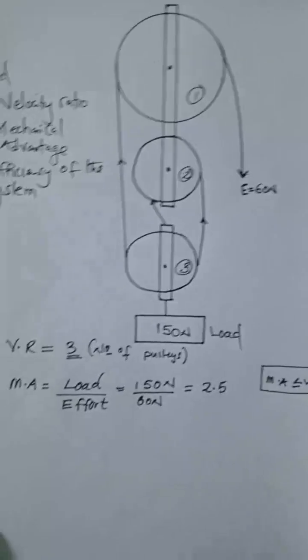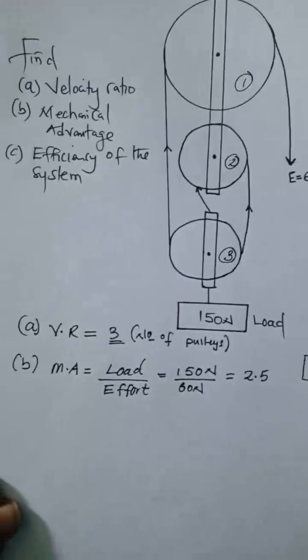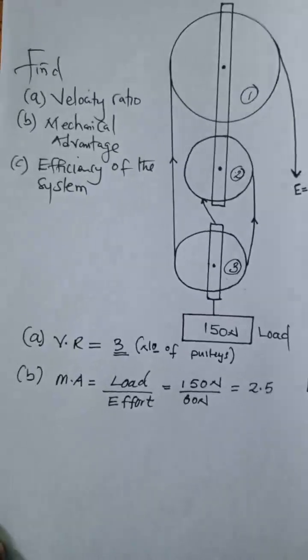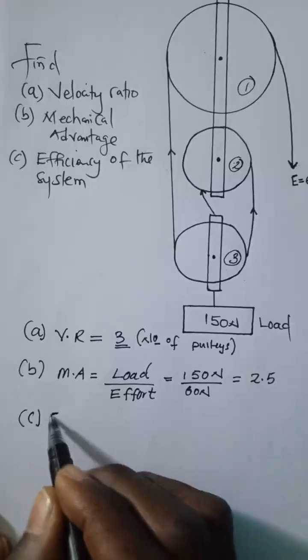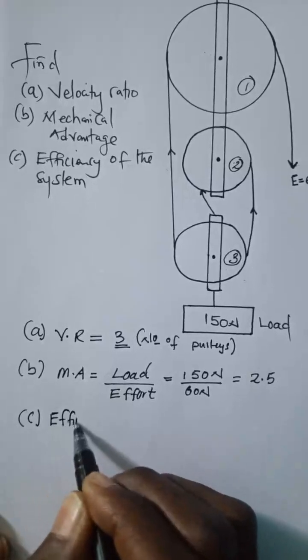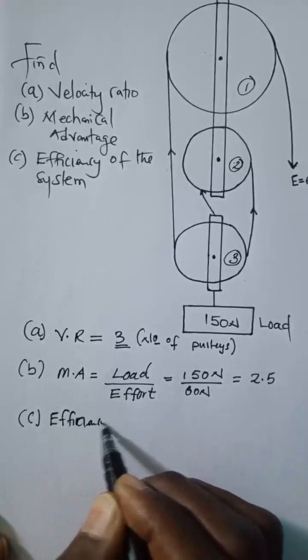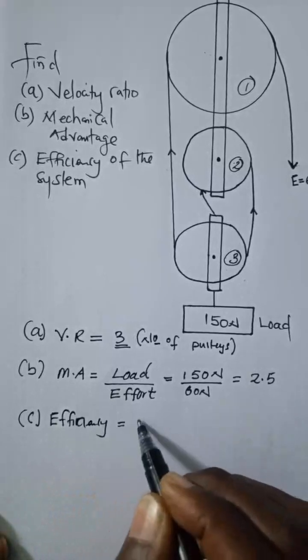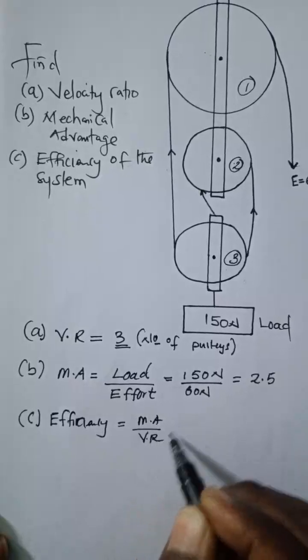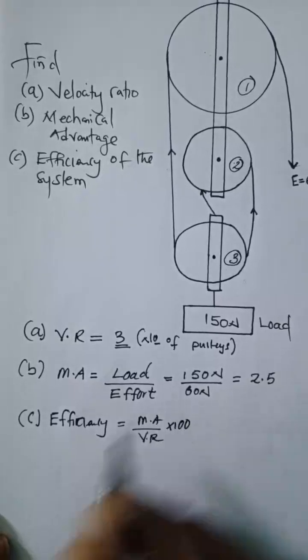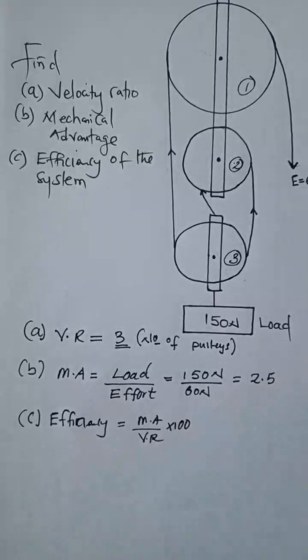All right, so let's now go to calculating efficiency. Efficiency is equal to mechanical advantage over velocity ratio multiplied by what? 100. So what is this animal called efficiency?